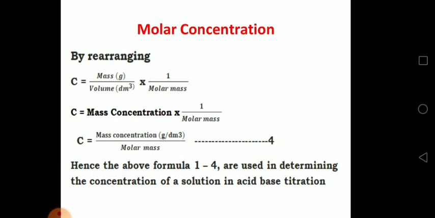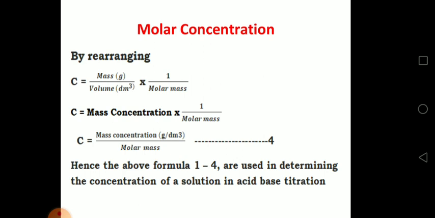So if I combine this, then I have mass concentration all over molar mass, which is my molar concentration. So molar concentration can also be expressed as mass concentration all over molar mass. So I'm going to keep this as formula 4.